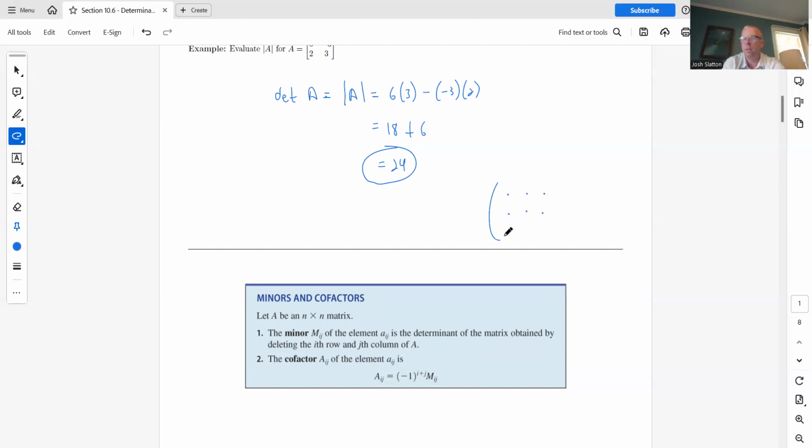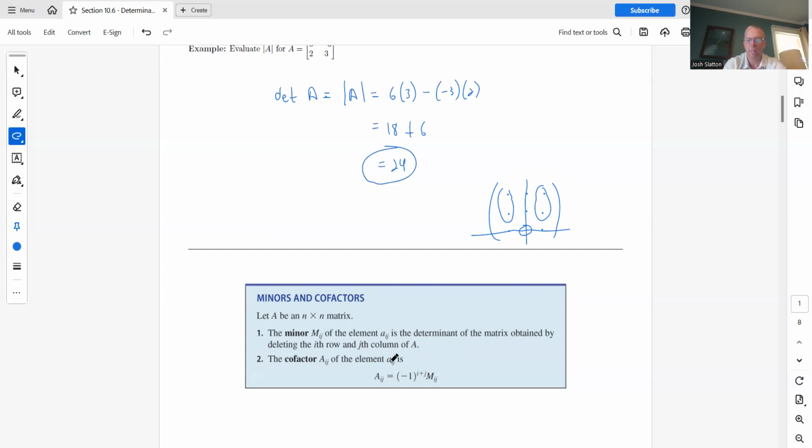Here's a 3 by 3 matrix, and let's pick that entry right there. To find the minor, we delete the column and the row of that entry. That leaves these 4 entries in a 2 by 2 matrix, and we find that determinant, which is the minor for that entry.